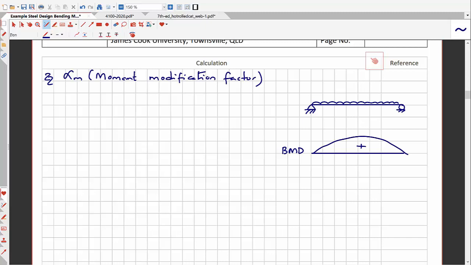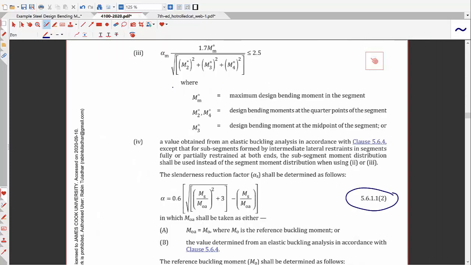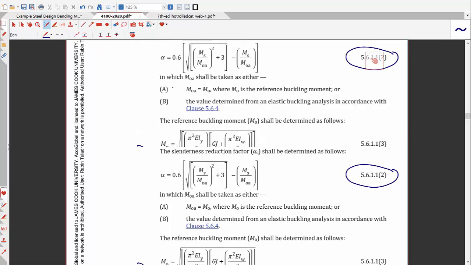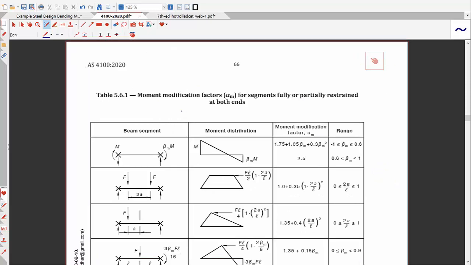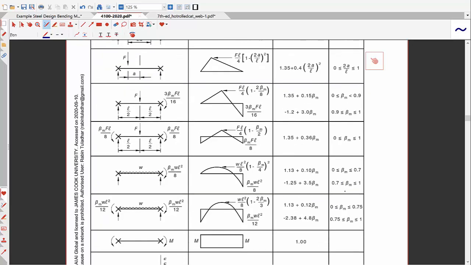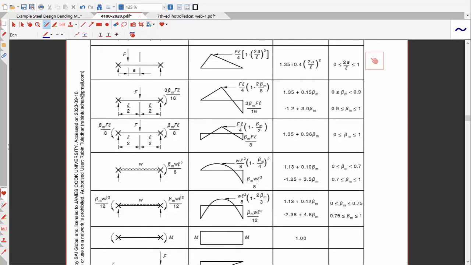So let's have a look at table 5.6.1 to find out what the alpha M factor is for this bending moment shape. So look at AS4100 here and table 5.6.1. In the table 5.6.1, we see that our case is very similar to this one, except that the beta M is 0.